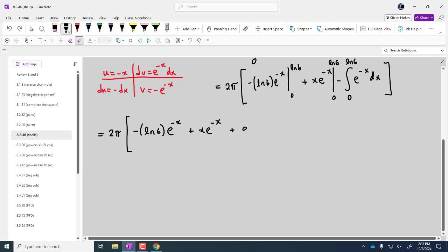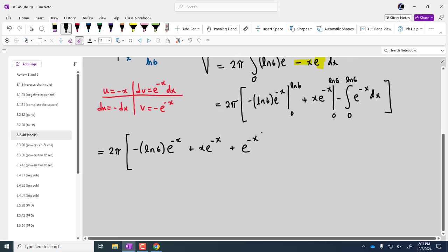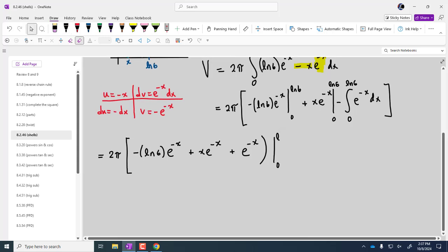When we integrate here, we're going to get e to the negative x divided by negative 1. So we have all of this. I guess we can use parentheses since we don't have any other grouping symbol. So we'll have that.